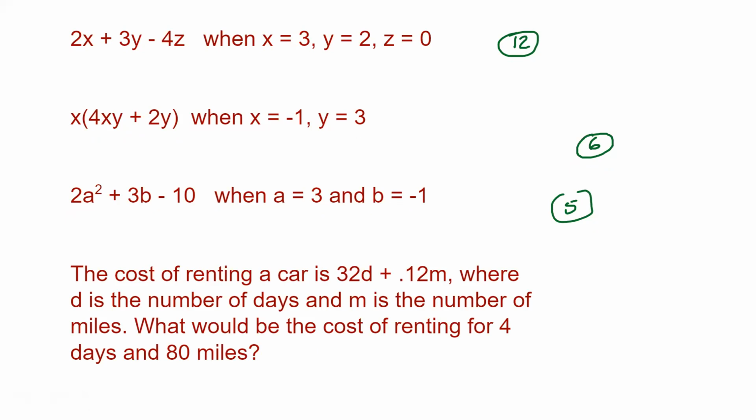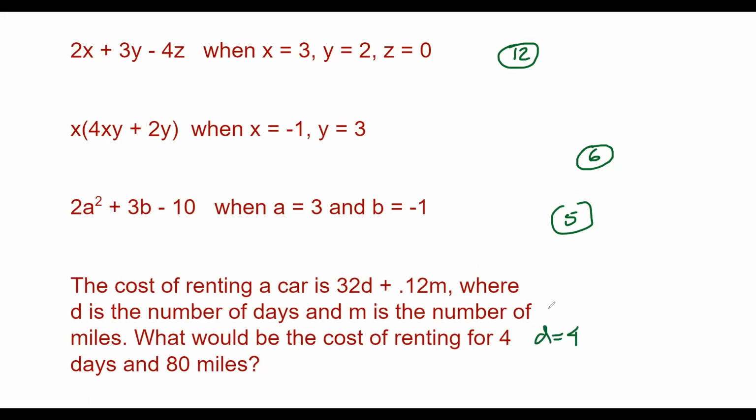So this is not quite as direct, but they're telling us 4 days. So D equals 4. They're telling us 80 miles. So M equals 80. So we want to substitute that into this expression up above, and it's going to be 32 times 4 plus 0.12 times 80.